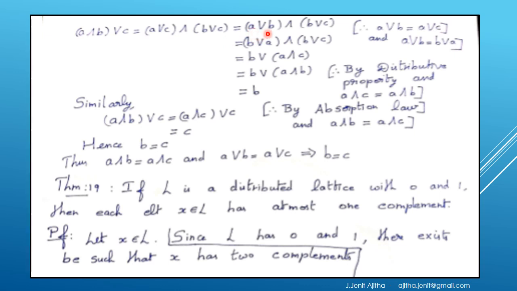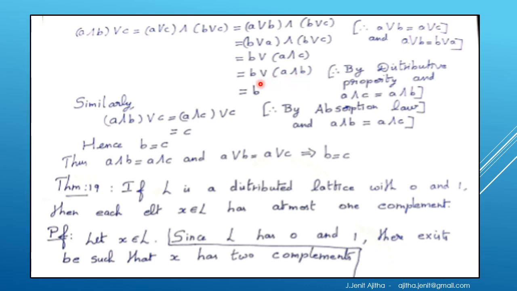Applying the commutative law, this is (b join a) meet (b join c), and combining these two terms using the distributive law, b join (a meet c), and again we can replace a meet c by a meet b.